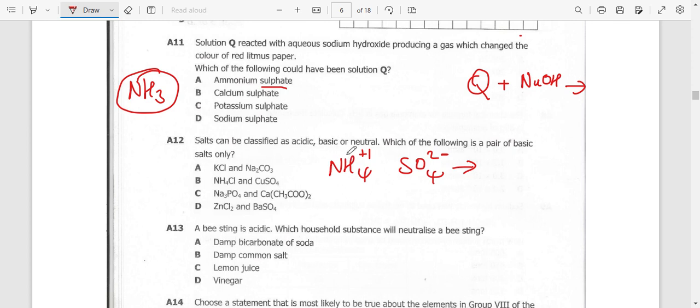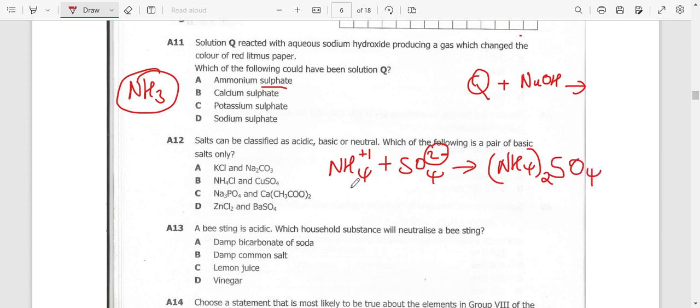So ammonium sulfate, now you combine these two. I've got ammonium. This 2 which is on the sulfate is going to come down to the ammonium. And then the 1 on the ammonium is going to go to the sulfate. So this is going to be the compound. Now, for the sulfate, I'm not going to put it in brackets because when a 1 goes down to the sulfate, it doesn't change anything.